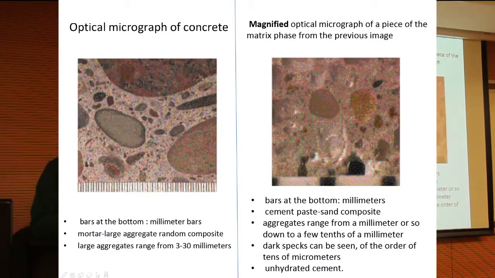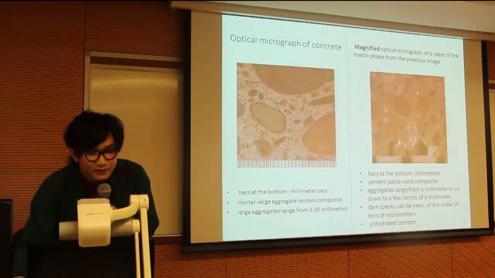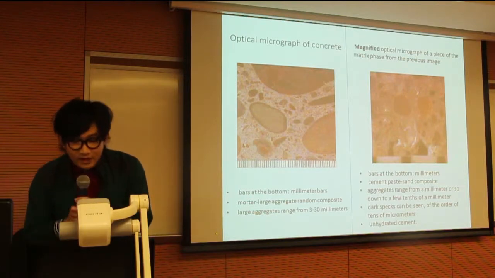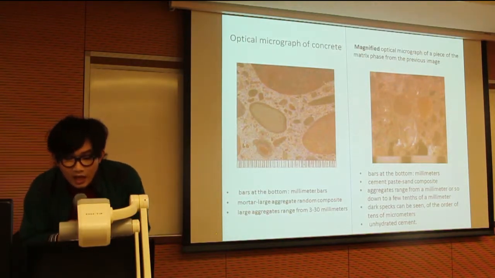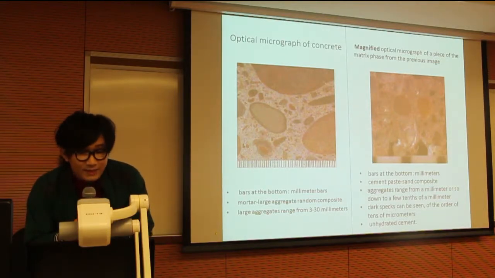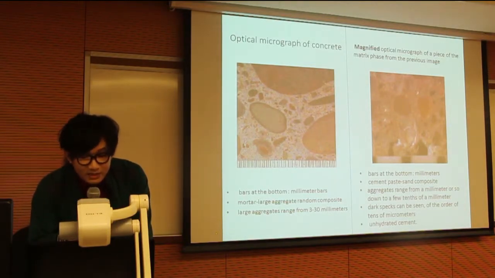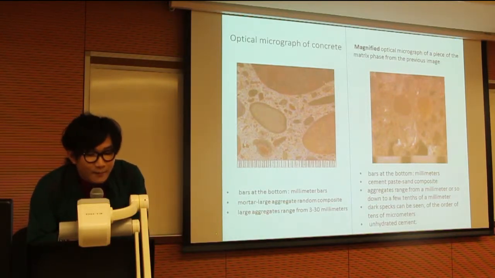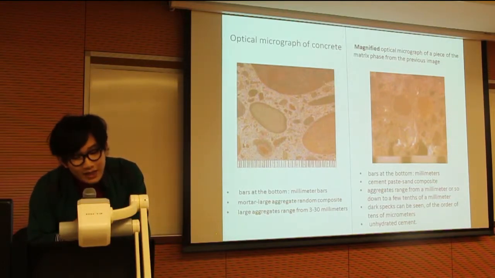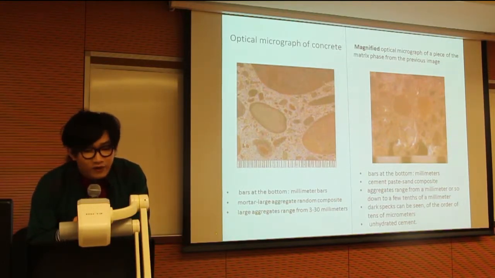Now let's take a close-up of the four pictures mentioned above. In the upper left of the figure, there's an optical micrograph of concrete. The bars at the bottom of this image are millimeter bars. At this length scale, the concrete can be considered to be a multi-large aggregate random composite, where the large aggregates range from 3 to 30 millimeters.